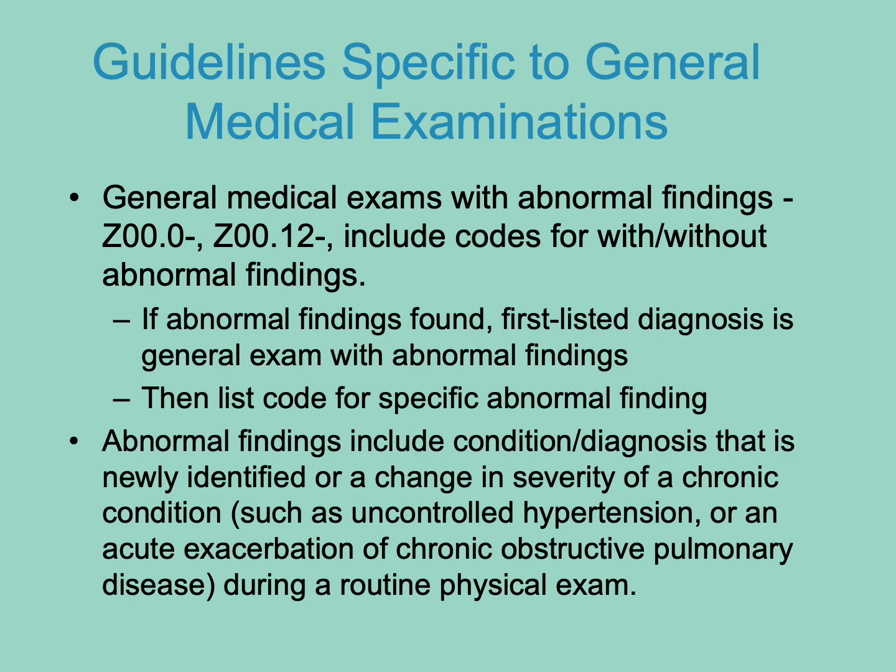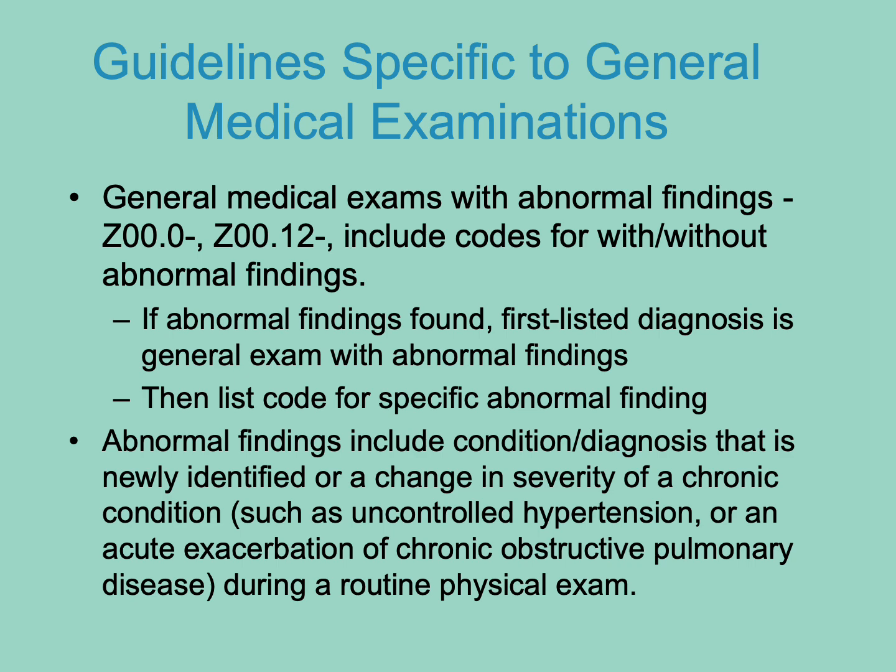Okay, general medical examinations have specific guidelines. This generally is not for inpatients. This is generally outpatient, generally an office visit. General medical exams with or without abnormal findings, Z00.0 and Z00.12, include codes for with and without abnormal findings.